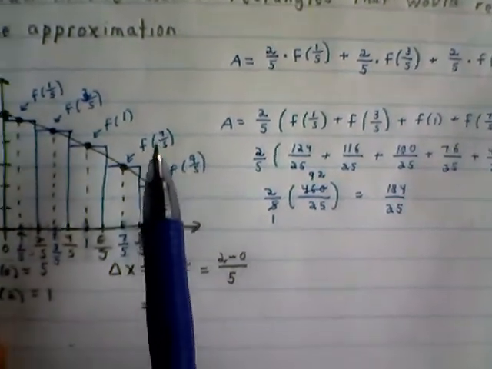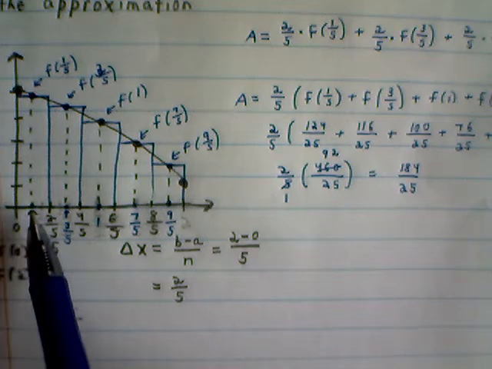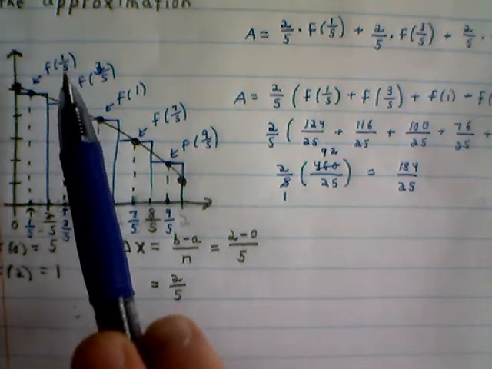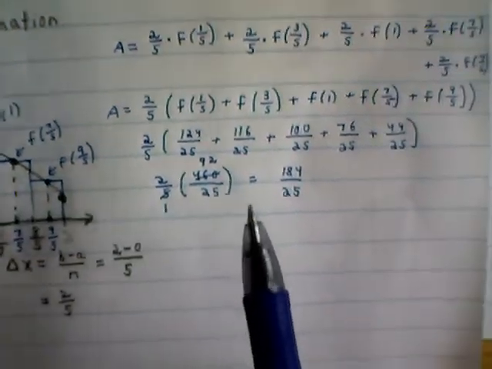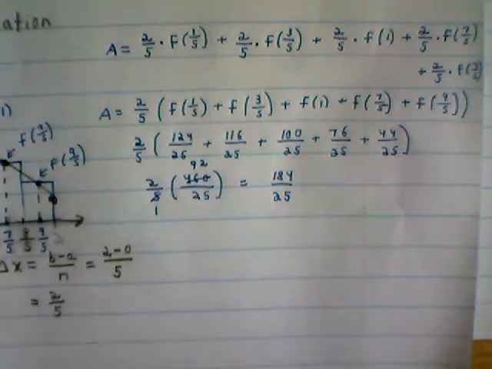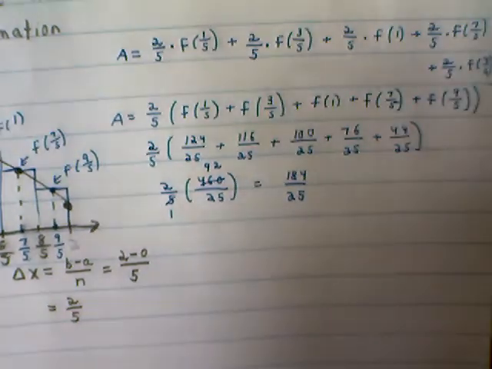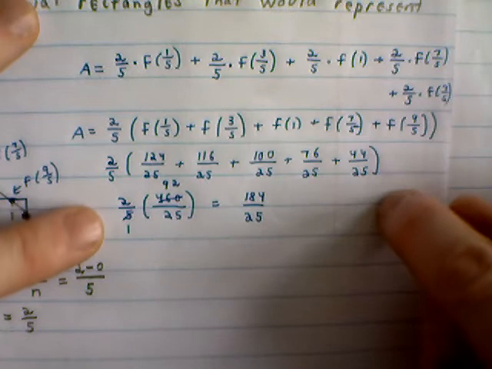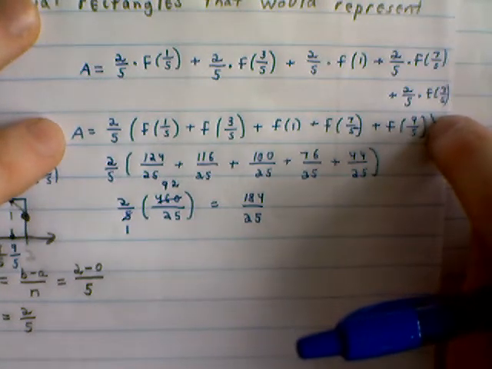From here, find the area of each rectangle by taking the width of the rectangle, which here was 2/5, times the height, the function evaluated at that x value, and then we simplified. I'm looking for you being able to get all the way to this step, because the rest is just algebra and using a calculator. So I'm looking for you being able to write this expression for a midpoint approximation.